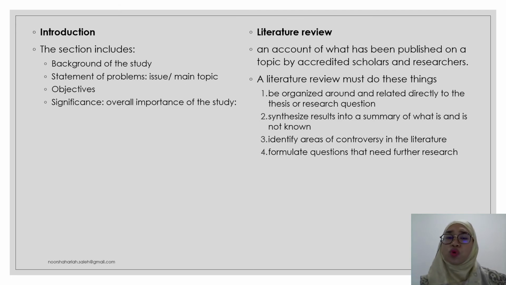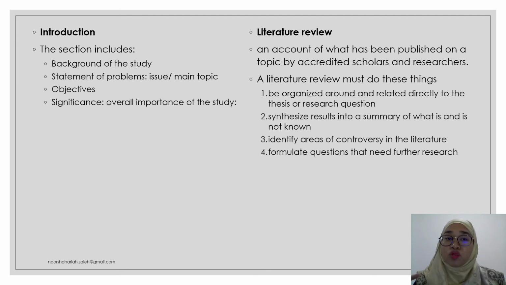All right, so moving on to the literature review. The literature review is also a part where it is not always written as literature review or review. Sometimes the author will choose a more specific topic to replace the term literature review. It depends on what the topic of the article is, what the study is about, and what theory is used in the research.